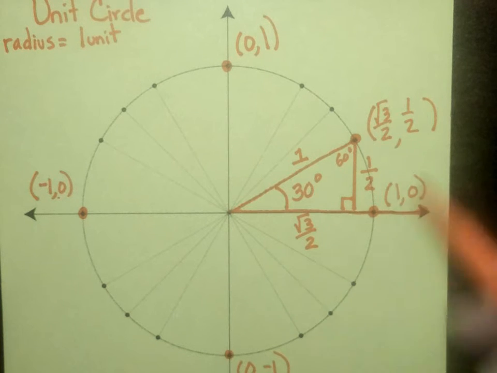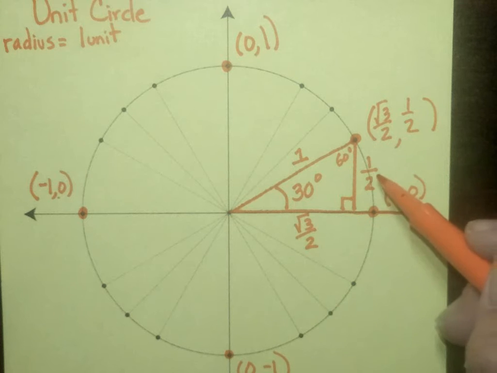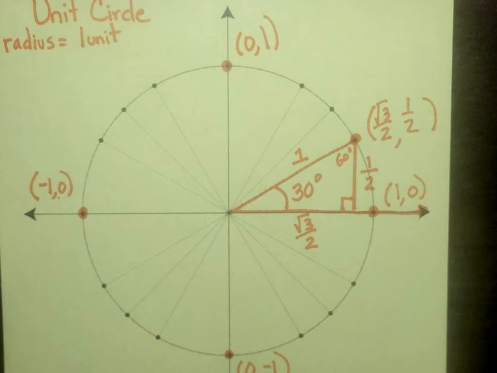All right. Talk this out with your partner. Partner 1, tell them how did we get the 1/2? Partner 2, how did we get the square root of 3 over 2?